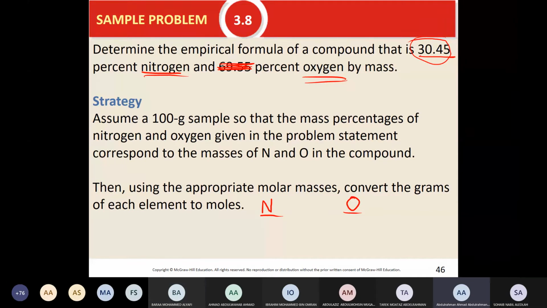I will assume that I have 100 gram compound. Then in this compound, how many grams of nitrogen are there? 30.45. And what's the unit now? Gram nitrogen. Good. How many grams oxygen?